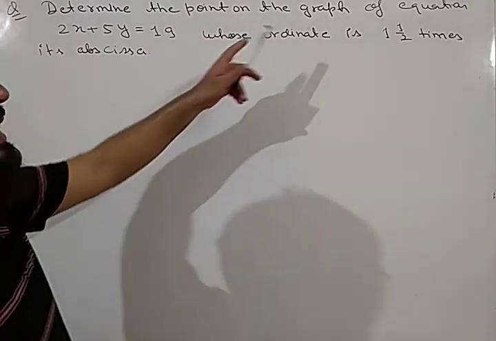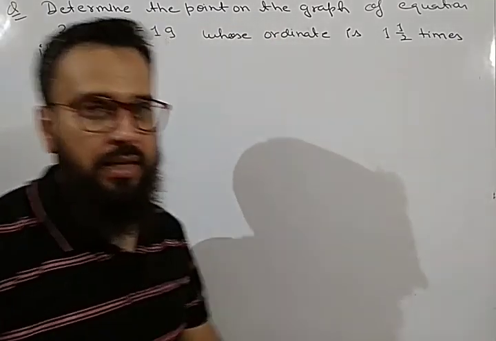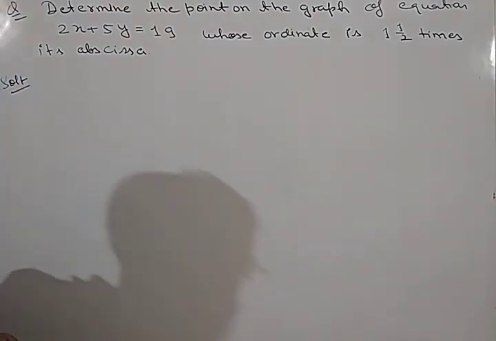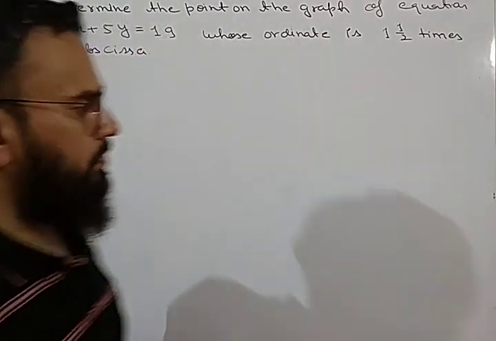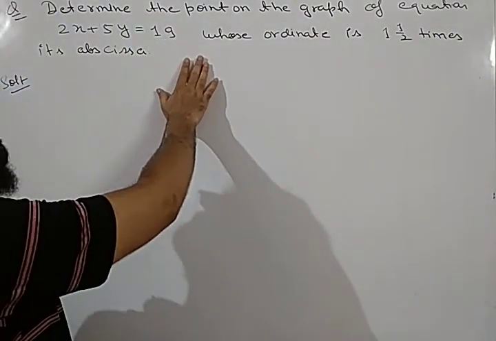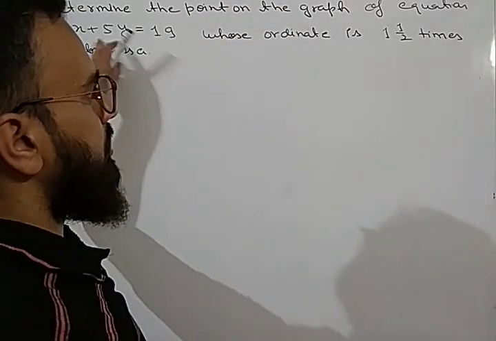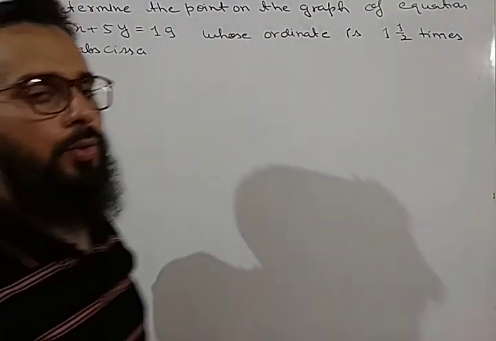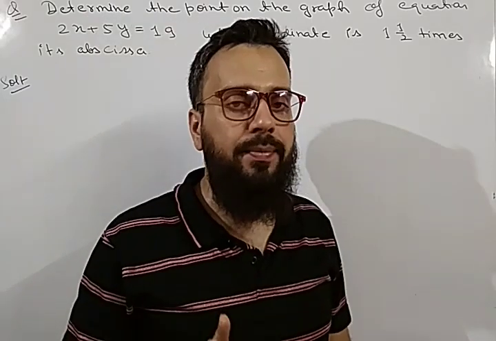The point on the graph of this equation whose ordinate is 1.5 times its abscissa. In such types of questions, there is a confusion whether you have to draw the graph or not. We have to just find the point on the graph of the equation. As we all know, the graph of a linear equation in two variables is a straight line.